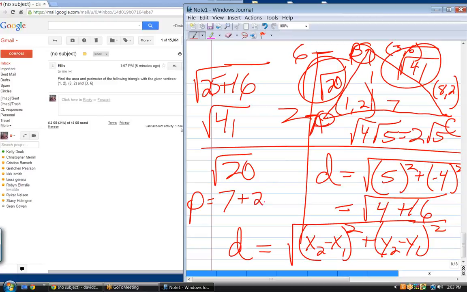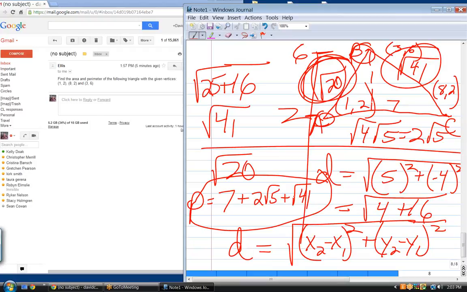So 7 plus 2 square roots of 5, which is that dimension. Square root of 41, that's as simplified as you get. There is your answer. The perimeter is 7 plus 2 square roots of 5 plus square root of 41.